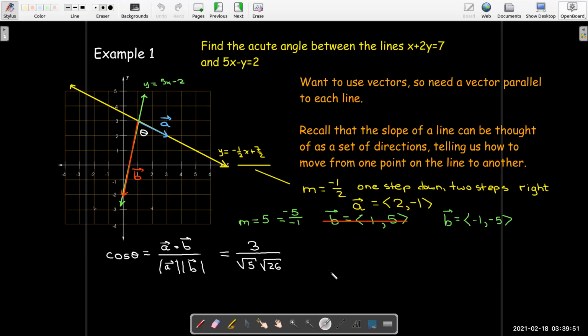So my exact answer for this question would be that theta is inverse cosine of 3 over radical 25 times radical 26, which I guess I could have multiplied out. That would give me radical 130. But I'll just use my calculator and get a decimal approximation. That's about 74.74 degrees.